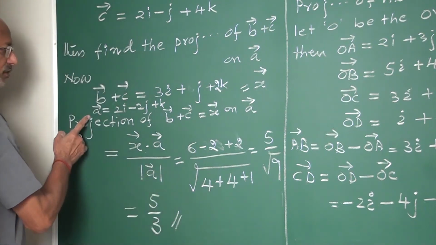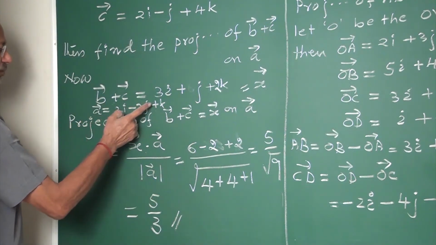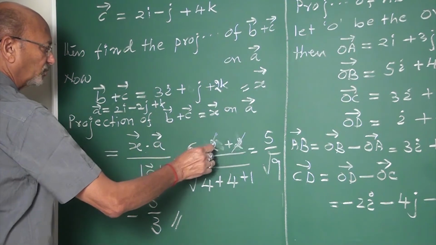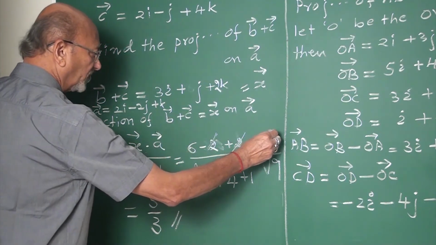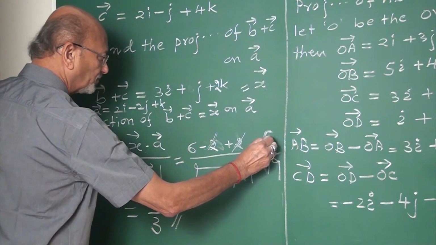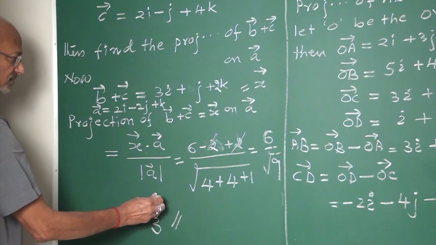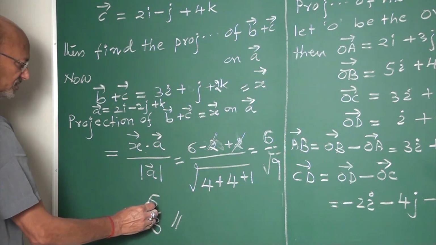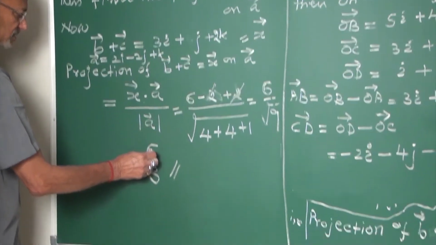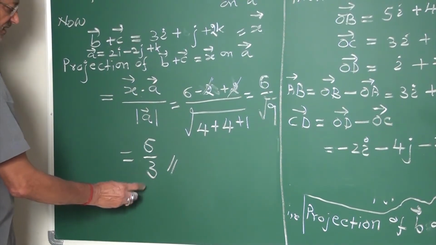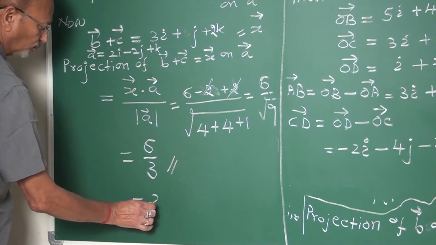Denominator, magnitude of A is correct: 4 plus 4 plus 1. Plus 2 cancelled with minus 2. This is, my friend, 6 upon root 9. Root 9 is 3, so 6 upon 3 is 2.